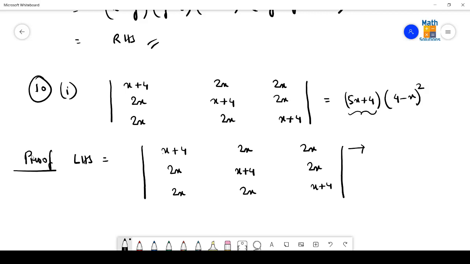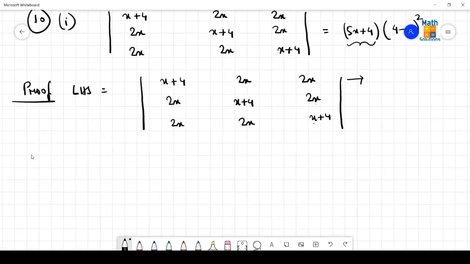It will be 5x plus 4. In this case also x plus twice x plus x plus twice x, it will be 5x plus 4. Along the third column, if we add row wise, it will be x plus twice x plus twice x, it will be 5x plus 4. So that's what we need to do in the next step.